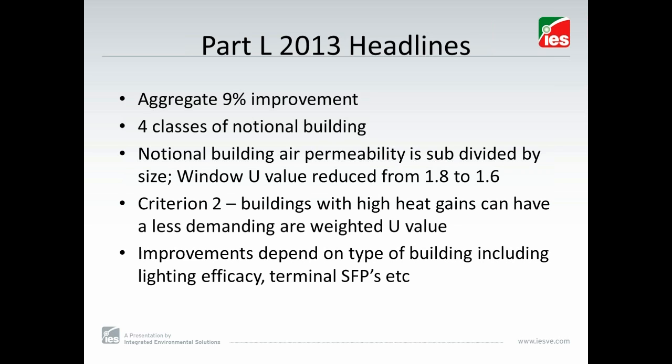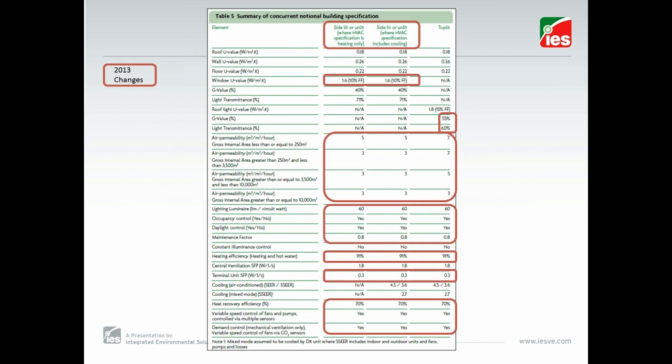So basically this is the table 5 summary of the notional building specification. We've highlighted there what we see as the main changes. So you've got your window U value dropping to 1.6.